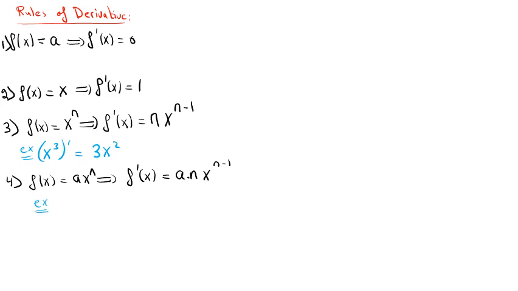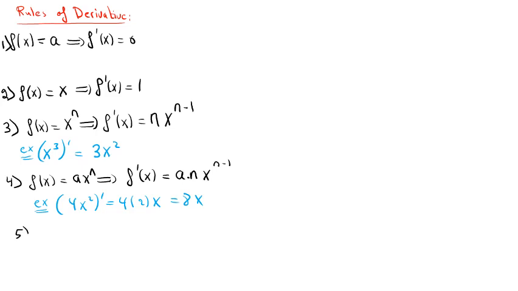Example, the derivative of 4x power 2 is 4 times 2 x, which equals 8x.